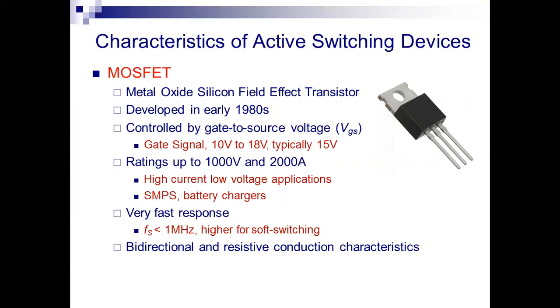Next, high current, low voltage applications, switched mode power supplies, battery chargers, and very fast response, with frequency less than 1 megahertz for soft switching purposes. It has bidirectional resistive conduction characteristics.